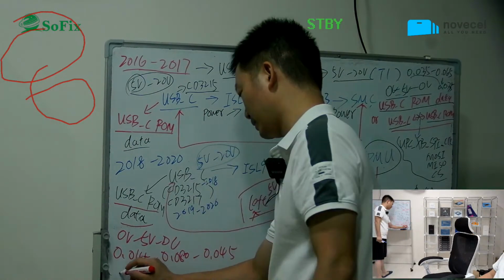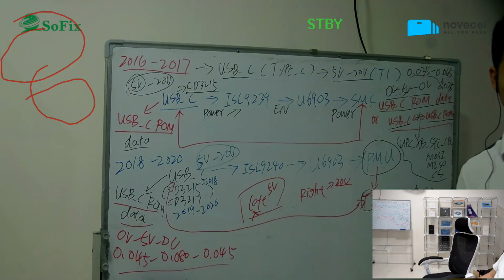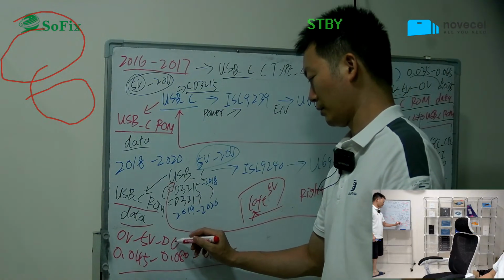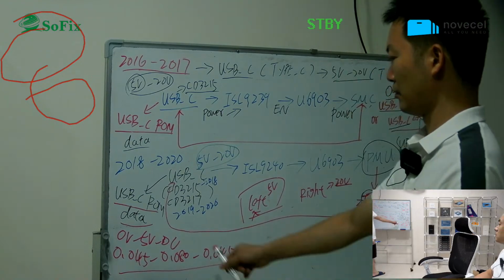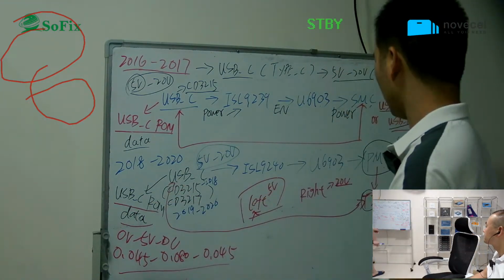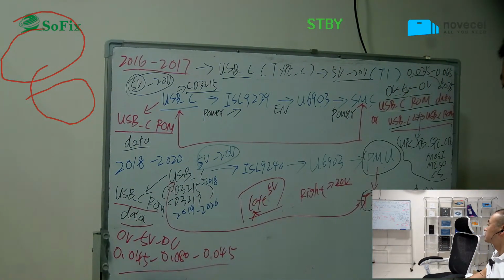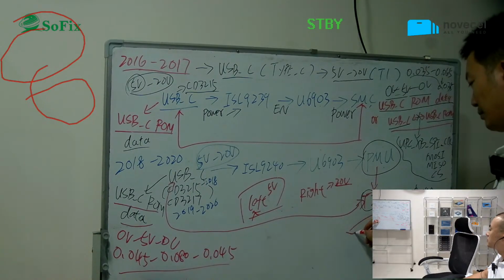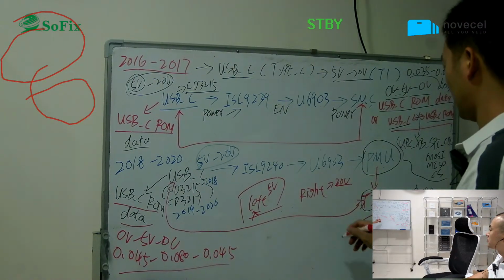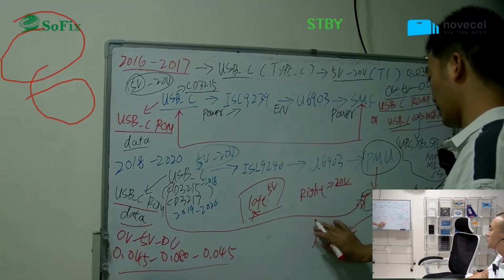When you connect the power cable to see the current, if the current jumps, the problem is with the USB-C ROM. And sometimes it is T2 ROM data damage, with just the 5 voltage and no jump.